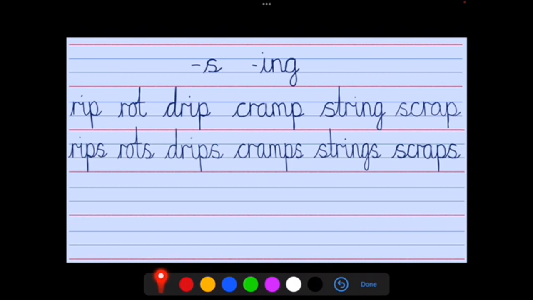But how about suffix ing? It has a vowel at the beginning. And we need to think about the doubling rule. If a word has a short vowel sound, it needs a double consonant.